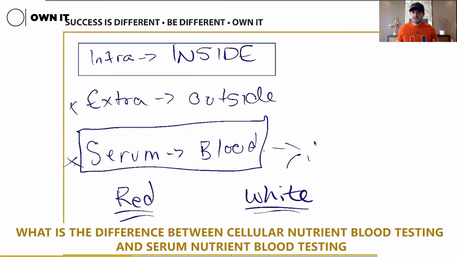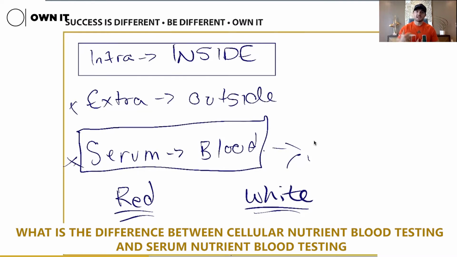Or if it's a fat soluble vitamin, it may be broken down a little bit quicker. But inside the cell, it doesn't matter what you're supplementing. It doesn't matter the speed and time of it. If there's a breakdown anywhere in the Krebs cycle, anywhere in these different processes that need to occur within the body, they're going to have an impact on what's occurring. And that is why it's so important to know what's going on in our cells.